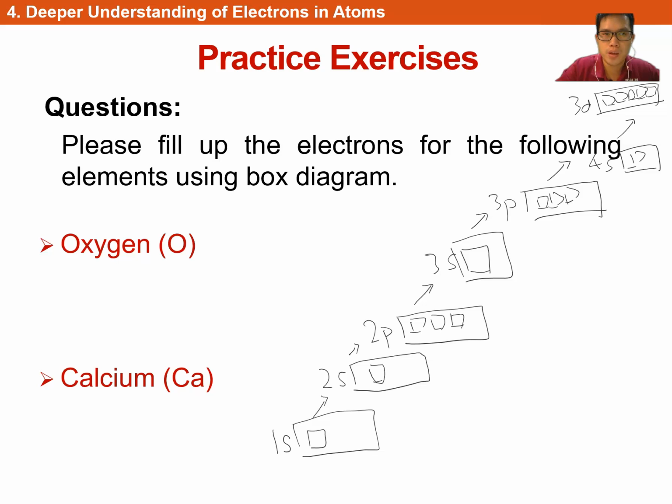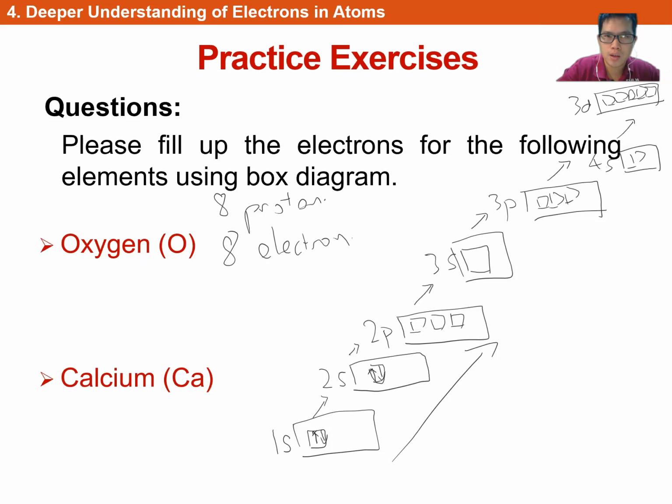Oxygen has 8 electrons because it has 8 protons. How you fill it out is you use arrows. You start from s and fill from the bottom up. The first 1s takes 2 electrons, 1, 2. We draw 1 up, 1 down.